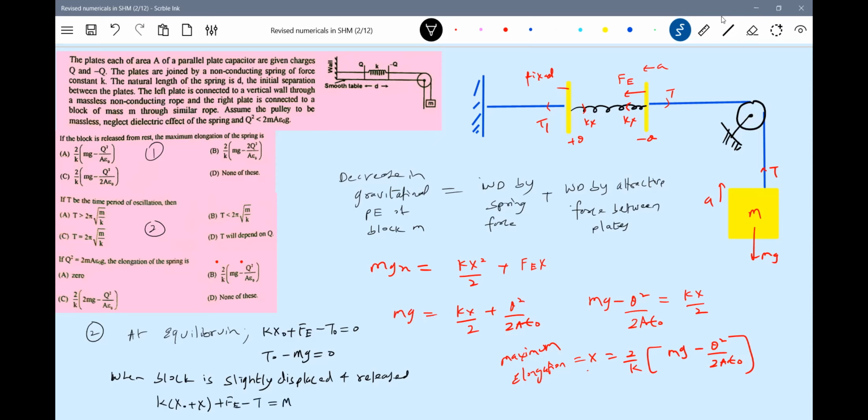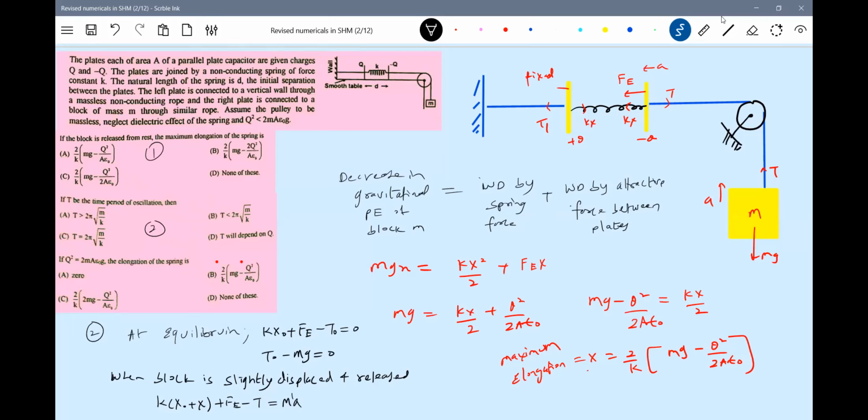Do the plates have any mass? Massless. The left plate is connected to the vertical wall, massless. Assume the pulley to be massless, neglect it, connected to a block. So if you add up the total, it will be this T.